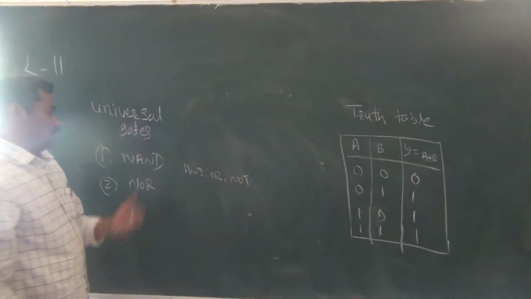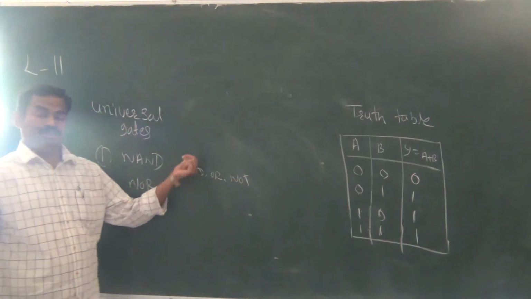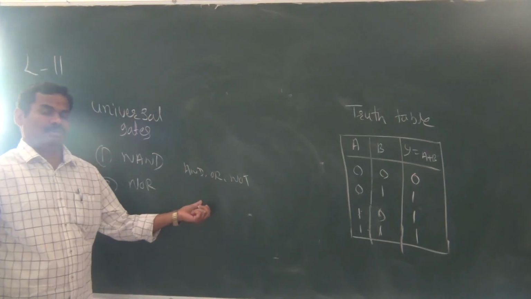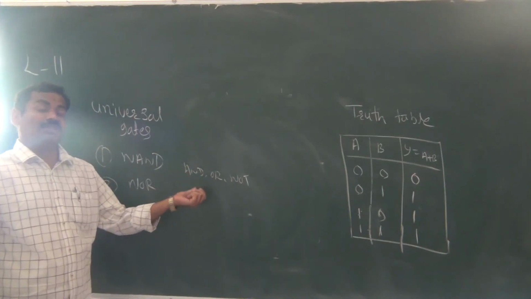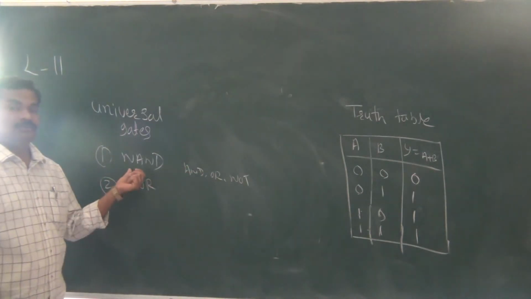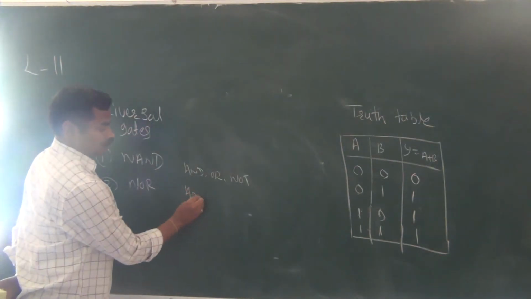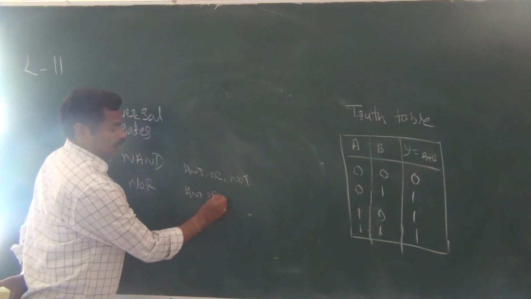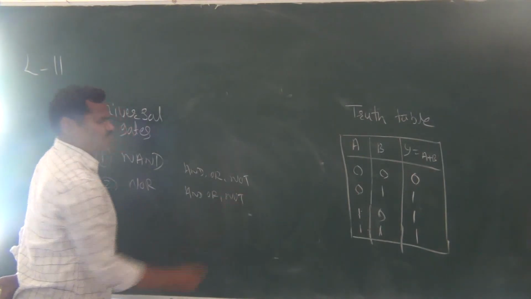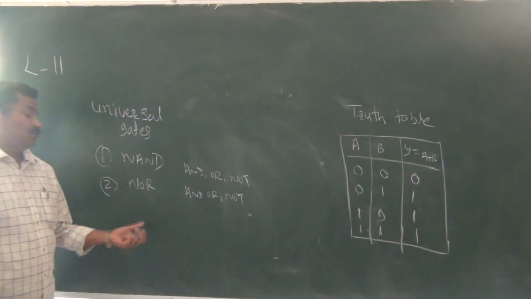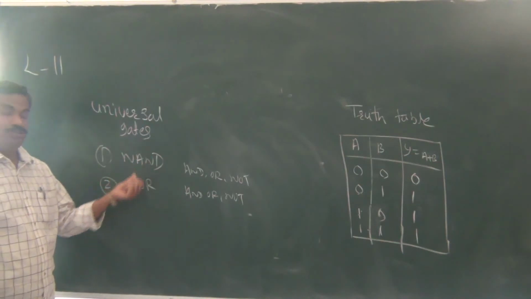By using only NAND, you can construct the other gates or anything in digital electronics. You can construct any logic circuit by using NAND. Also, by using NOR, you can construct AND or NOT, or any logic circuit. That's why they are called universal gates.